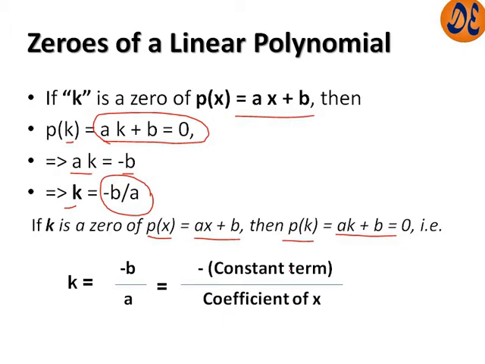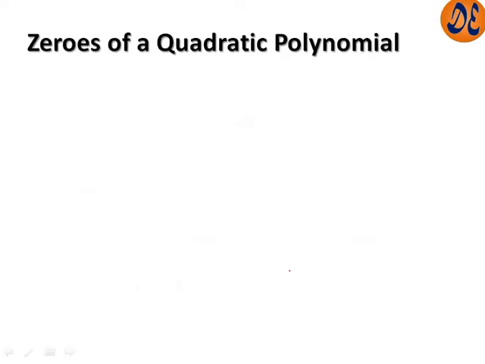In another language we can say the zero of the polynomial is the negative of the constant term divided by the coefficient of x, or in simple form we say it is minus b by a when we compare it with the standard form ax plus b. See, for a linear polynomial it is very simple.